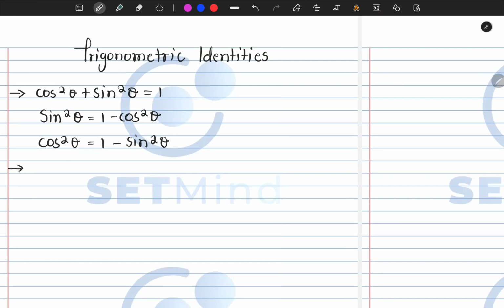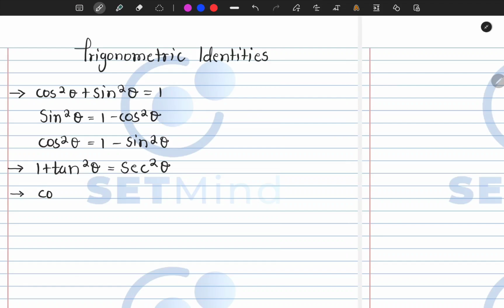Another trig identity which we want to look at is that 1 plus tan squared theta will give us sec squared theta. Very important. All of these we can easily derive and show why they amount to that.